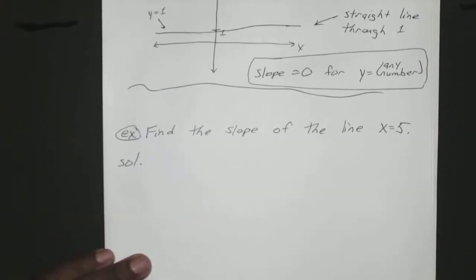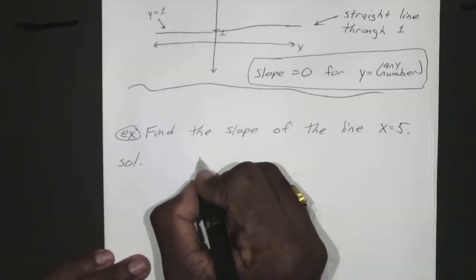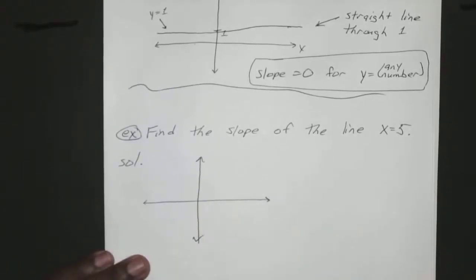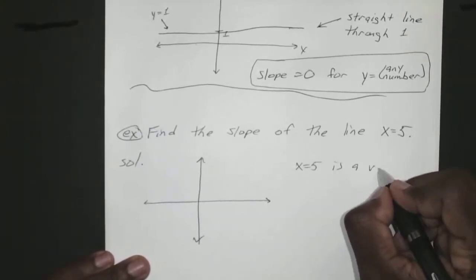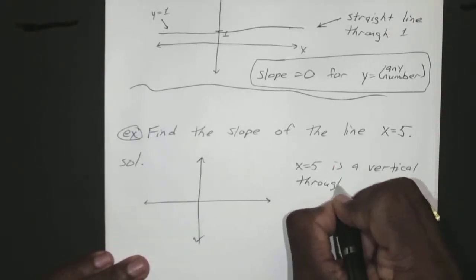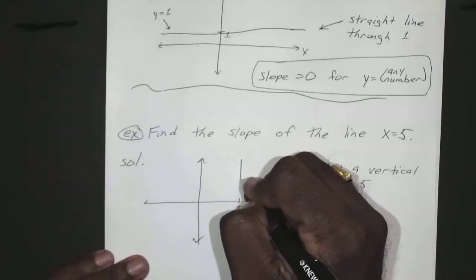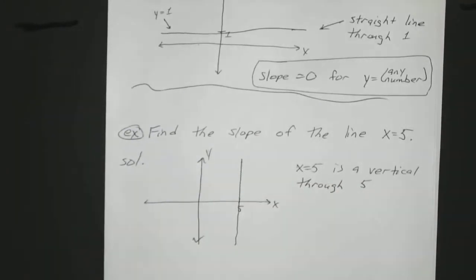Let's say you have a graph, you know that x equals 5 is a vertical line through 5. Let's see if I can do better with my vertical line. There we go, that's a little bit better. Okay, so this is your vertical line.